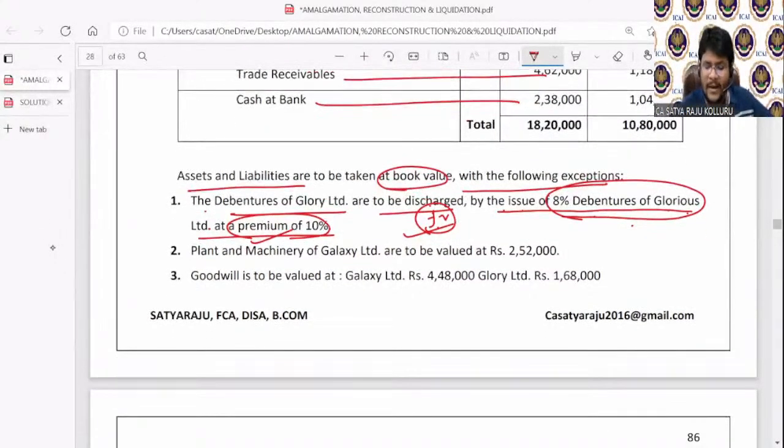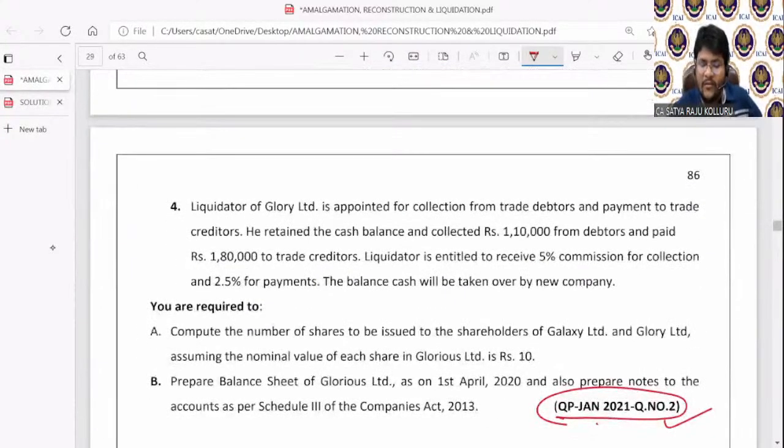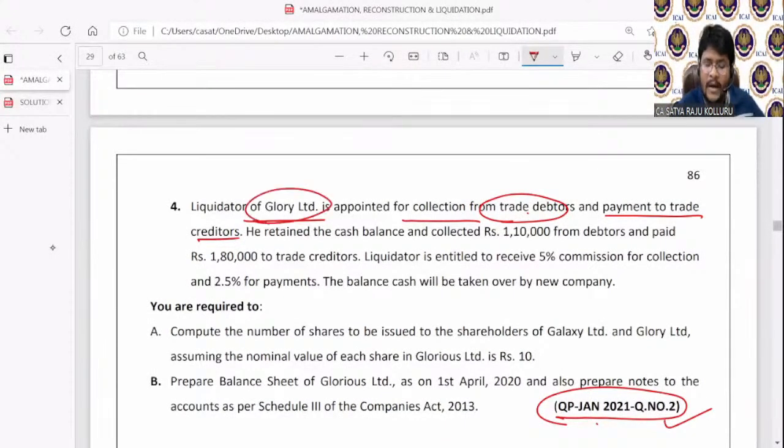Next, plant and machinery of Galaxy Limited are to be valued at 2,52,000. Goodwill is to be valued at 4,48,000 for Galaxy and 1,68,000 for Glory. The liquidator of Glory Limited is appointed for collection from the trade debtors and payment to the trade creditors. Here, I mean to say, trade debtors and trade payables of Glory Limited are not taken over by Glorious Limited.